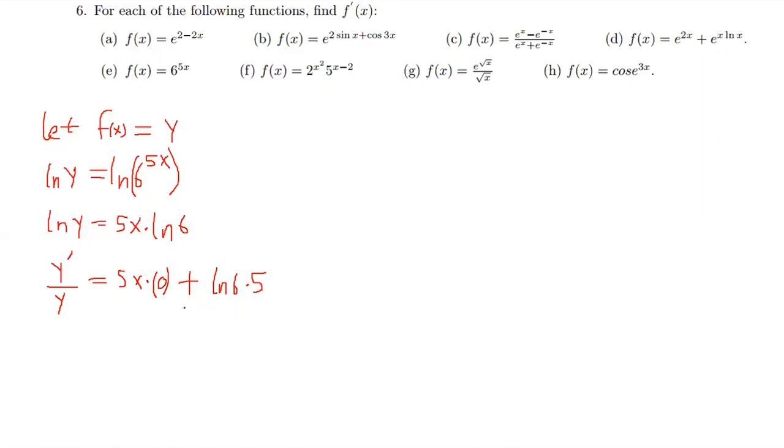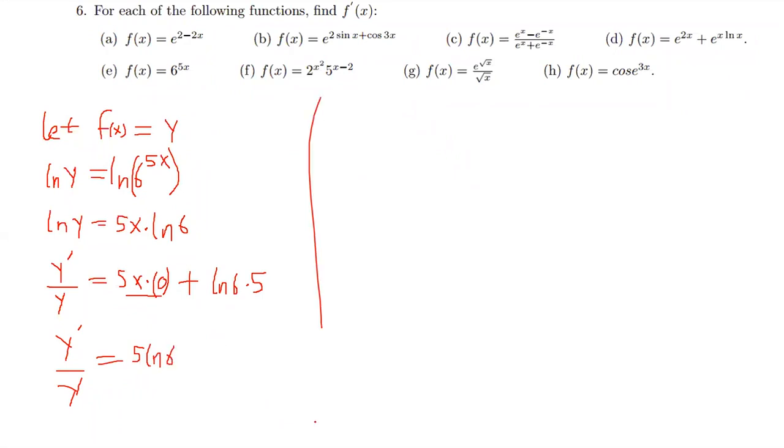So when you multiply that, you're going to have y prime over y being equal to, this will give you 0. 5x times 0, you get 0. And then this is going to give you 5 ln 6.